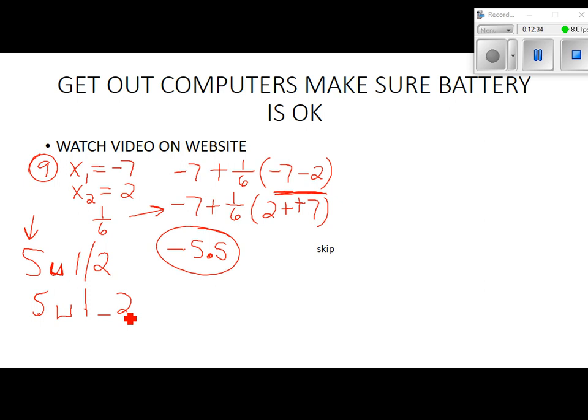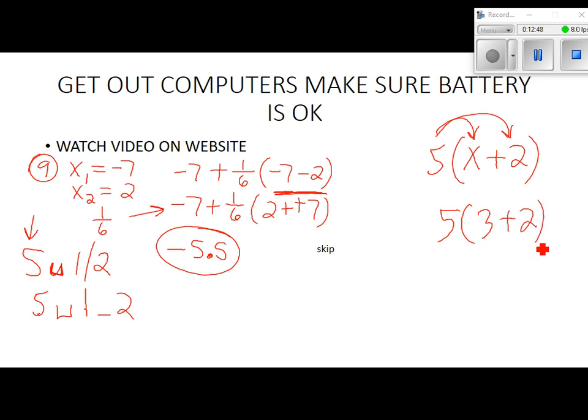So if you have something like this, that's telling you to distribute that out, right? If you have something like this, where we know everything, there's no variables inside the parentheses, don't distribute it out, because all that does is make the problem longer and harder and a better chance of messing something up.